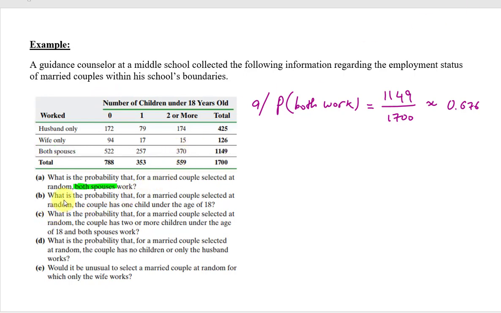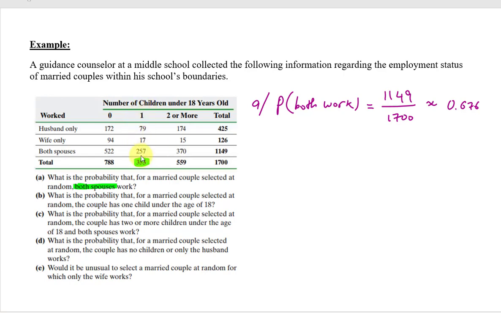The second part: what is the probability that for a married couple selected at random, the couple has one child under the age of 18? We know that we have a total of 1,700 married couples within the school boundaries, and only 353 of them have one child under the age of 18.